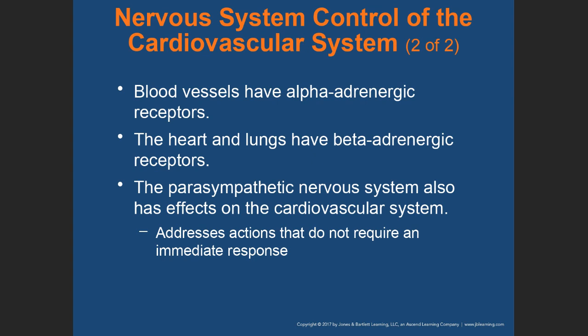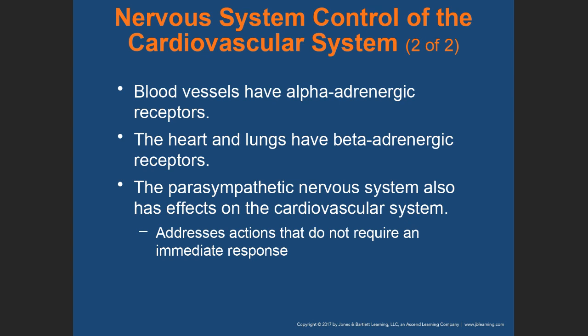All right, now the blood vessels have alpha adrenergic receptors, right? Now, receptors are protein sites within the cells or vessels that can be stimulated to create a specific reaction. So the blood vessels have alpha adrenergic receptors, and these are the receptors that noradrenaline or norepinephrine will affect.